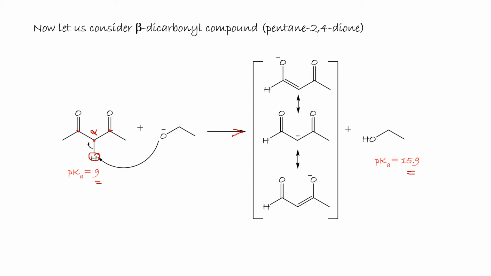Because you have here the anion, which can be stabilized by resonance to form O minus in this resonance structure, or we can get the other way around, another resonance structure. So we have a highly stable anion with three resonance structures.